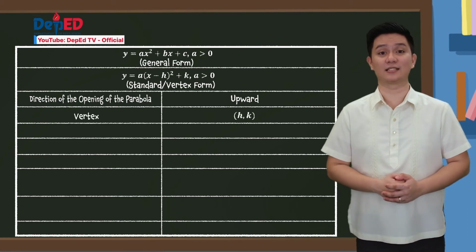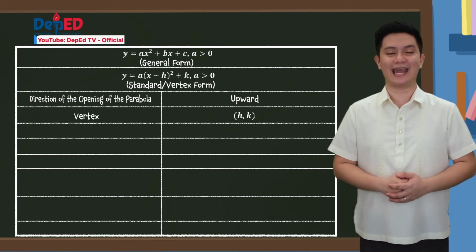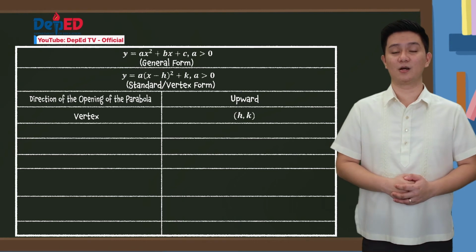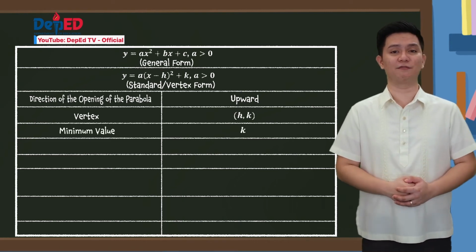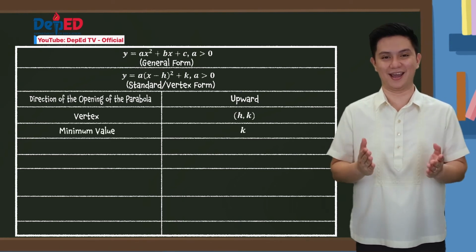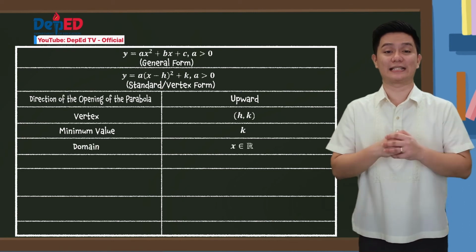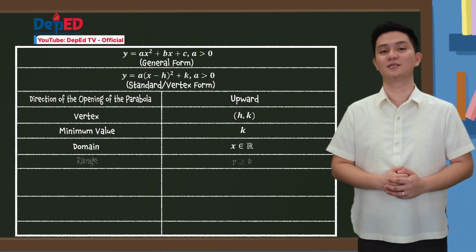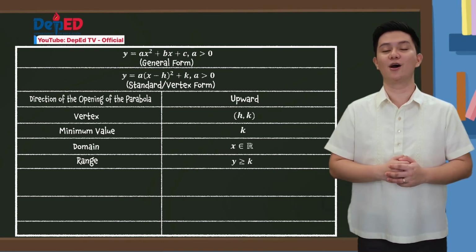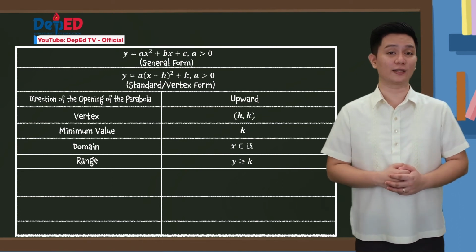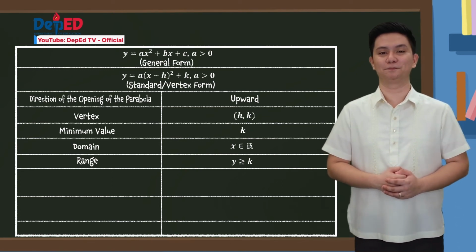Its vertex is described by the ordered pair (h, k). The function has a minimum value which is equal to k. Its domain is the set of real numbers, while its range is the set of all y that is greater than or equal to k.